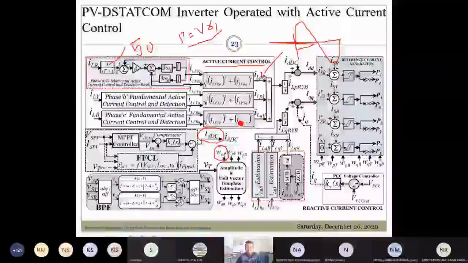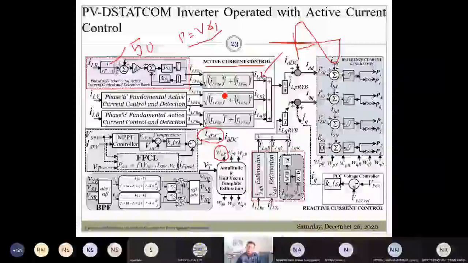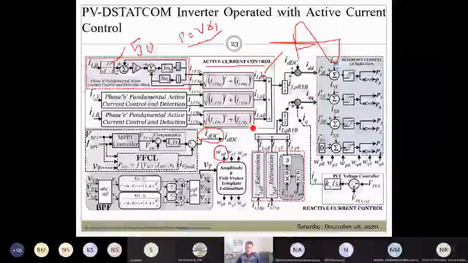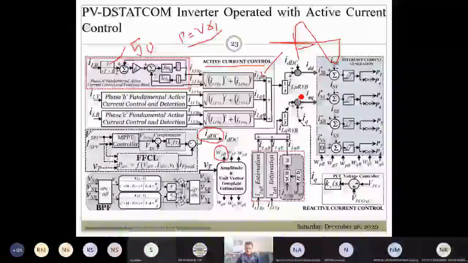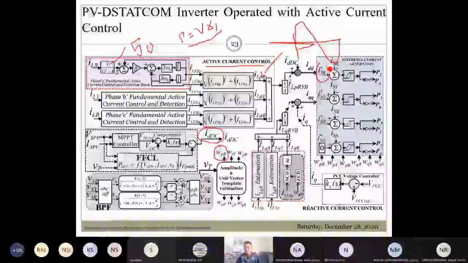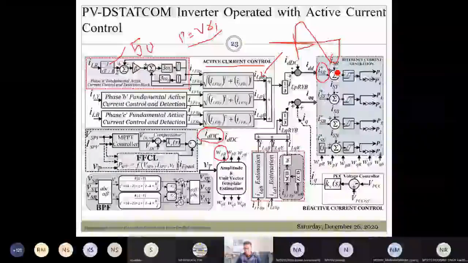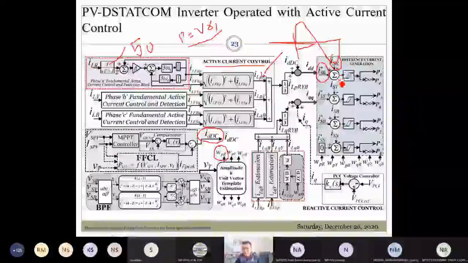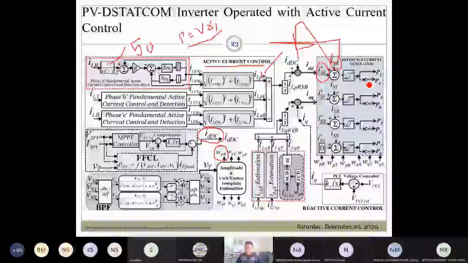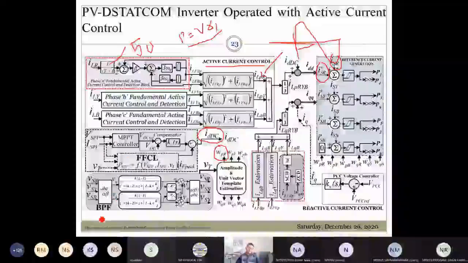So it helps to improve the dynamic performance, especially during the transition in the solar insolation level. These components are subsequently processed and reference grid currents are generated. This is your reference grid currents, this is your actual grid currents, and the error between these two will be processed through this hysteresis current controller, and that will generate the pulses for the discrete IGBTs.